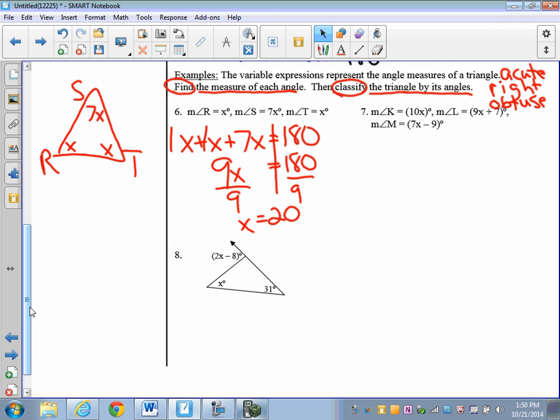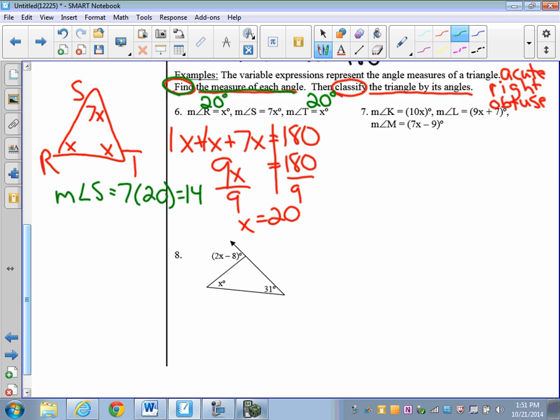So remember, I need to find the measure of each angle. So I substitute. Angle R is going to be 20, and angle T is going to be 20. Angle S is going to be equal to 7 times 20, which is just 140 degrees.